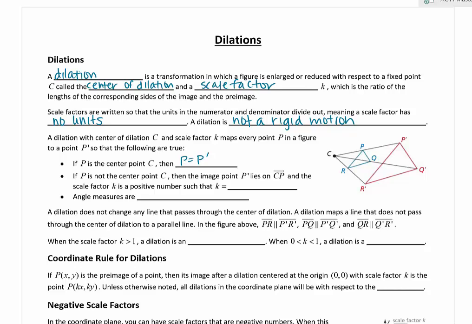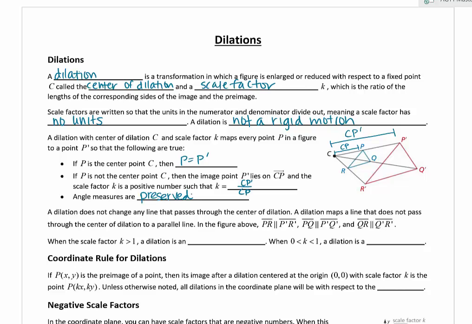If P is not the center point C, then the image point P prime will lie on the ray CP, and the scale factor K is a positive number so that K equals CP prime over CP, the distance of C to P prime divided by the distance of CP. So it's either going to be getting bigger or getting smaller, and all angle measures are preserved.